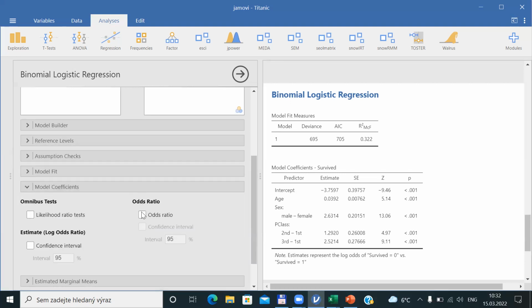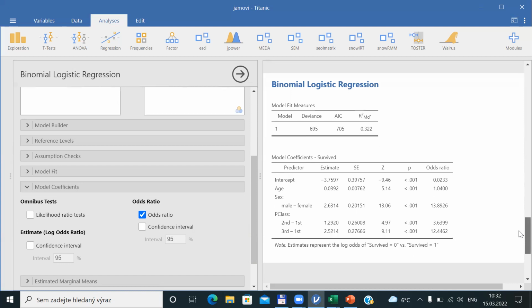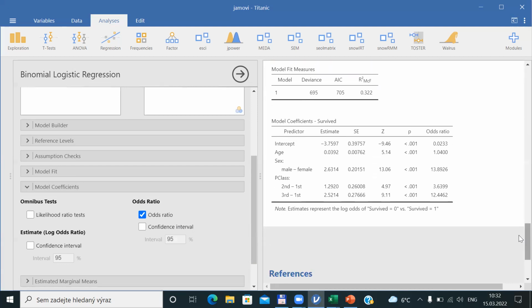And for model coefficients, I would only ask for odds ratio. And currently, we can see slightly different results from the previous computation. Once again, the value for the male-female comparison is slightly shifted up, and the final odds ratio is 14.